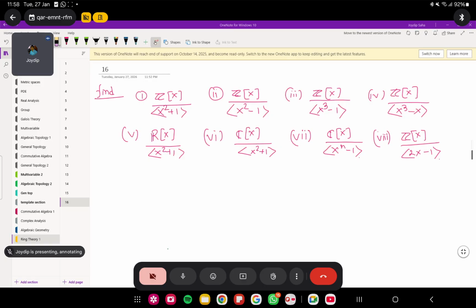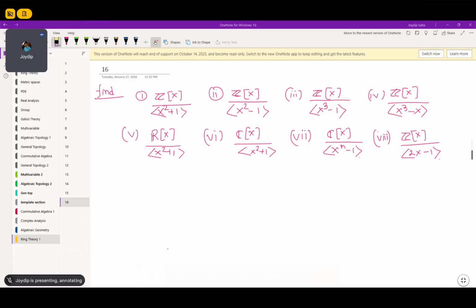So you have to apply division, but note that here the ring is Z[x]. Z is not a field, but x square plus 1 is monic. So you can apply division. Okay. At first you try this at home. Next day we will discuss this and the Chinese remainder theorem, prime ideals, etc. Okay.